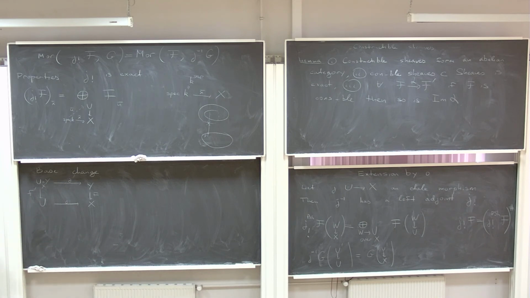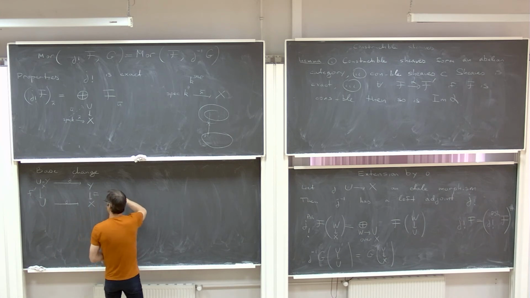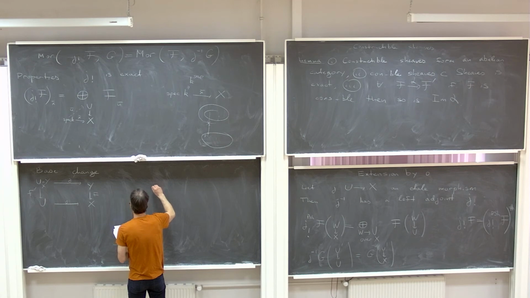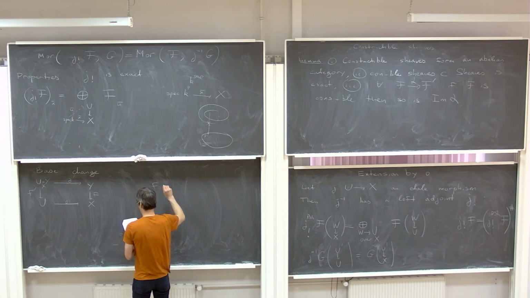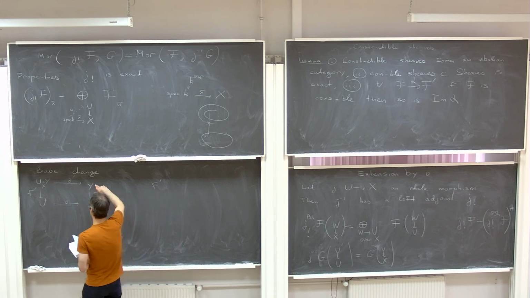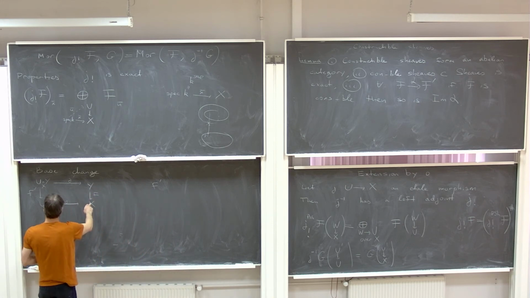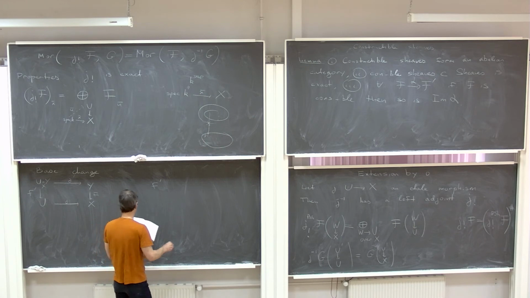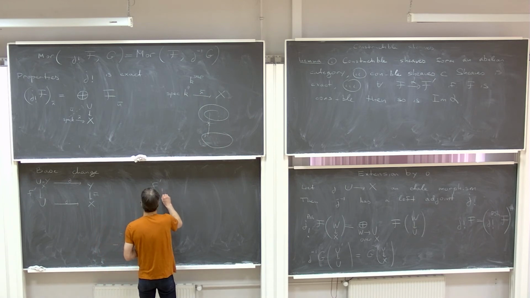And so I claim that you have the following identity of functors, an isomorphism of functors. So you start with a sheaf on X, and then what can you do?